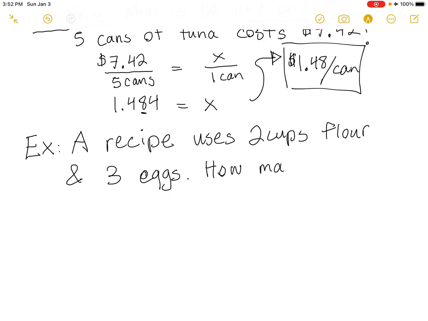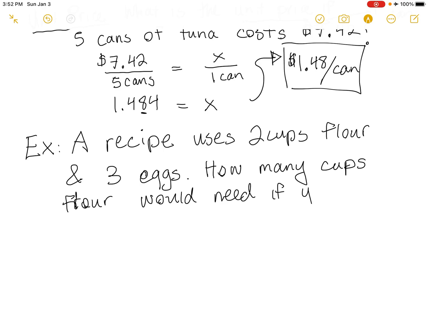How many cups of flour would you need if you used, I don't know, let's say 10.5 eggs? Let's say you broke an egg in half and just used half of it. Okay, and the idea with recipes is that you can double them or triple them or whatever, as long as you keep the ratios of all of the ingredients the same.